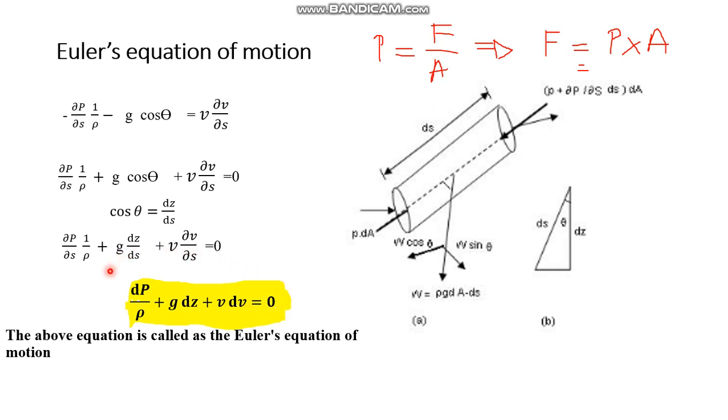This is the final equation which represents Euler's equation of motion. This is all about Euler's equation of motion.